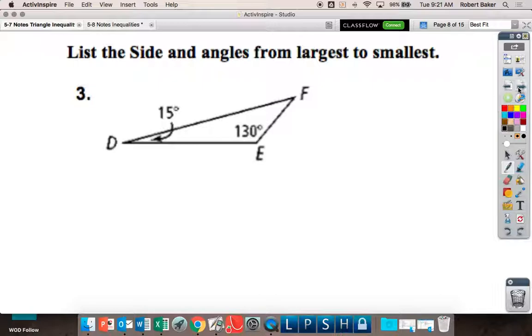How many degrees are supposed to be in a triangle? 180. So 130 and 15 make 145. So if I do 180 and I subtract 145, how many degrees do I have left? 10 minus 5, 5. 7 minus 4, 3. 1 minus 1, 0. How many degrees do I have left? 35 degrees.